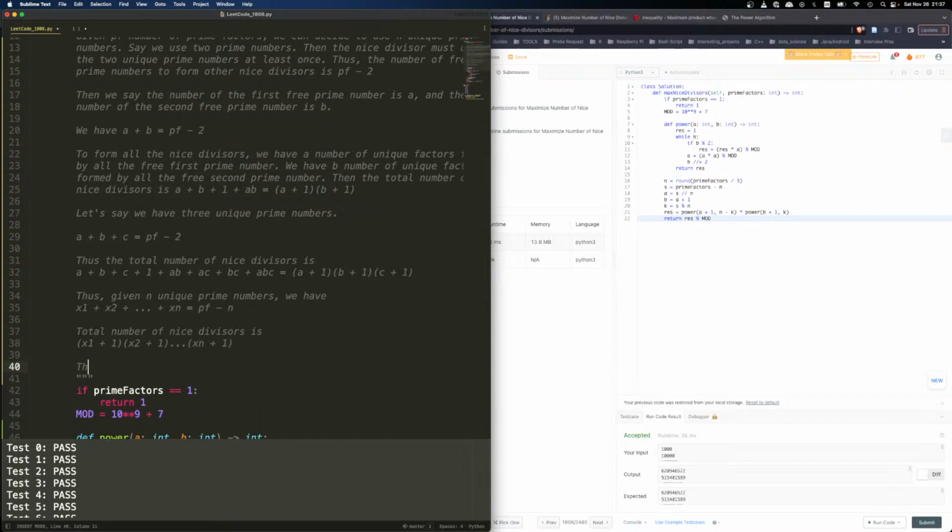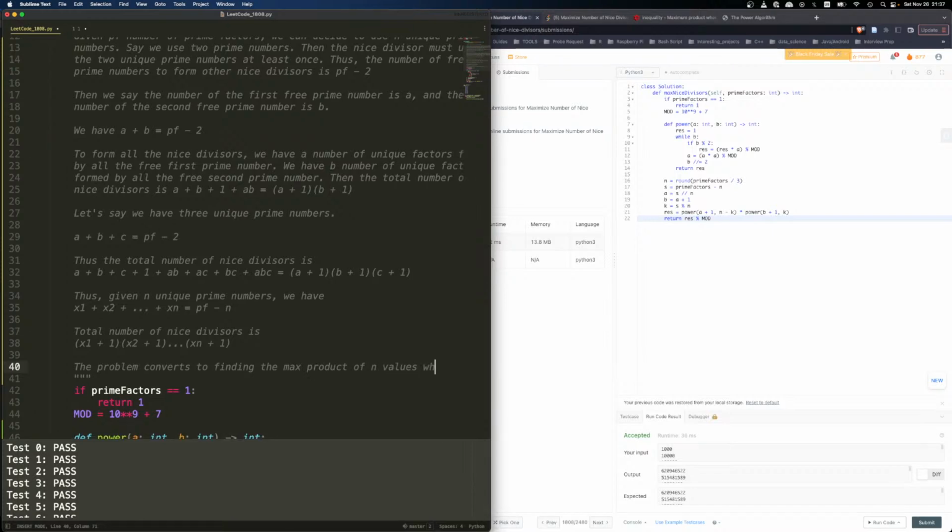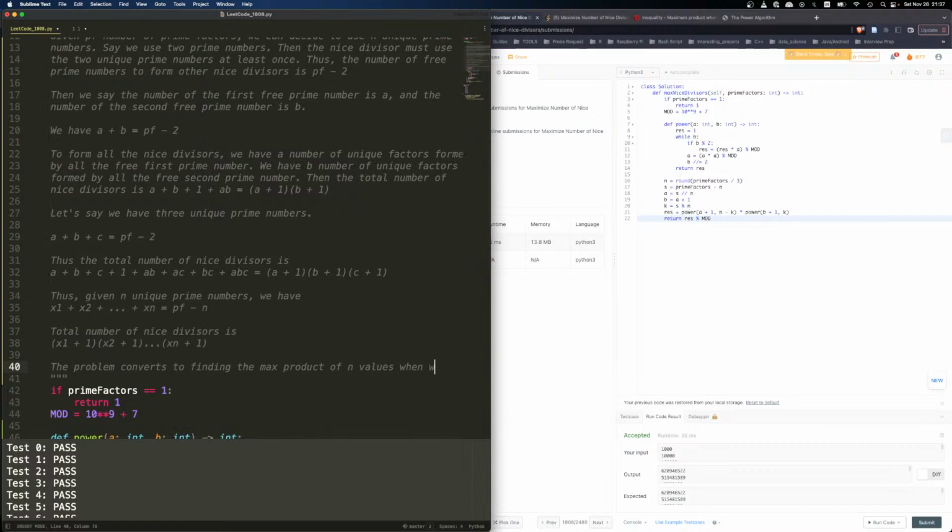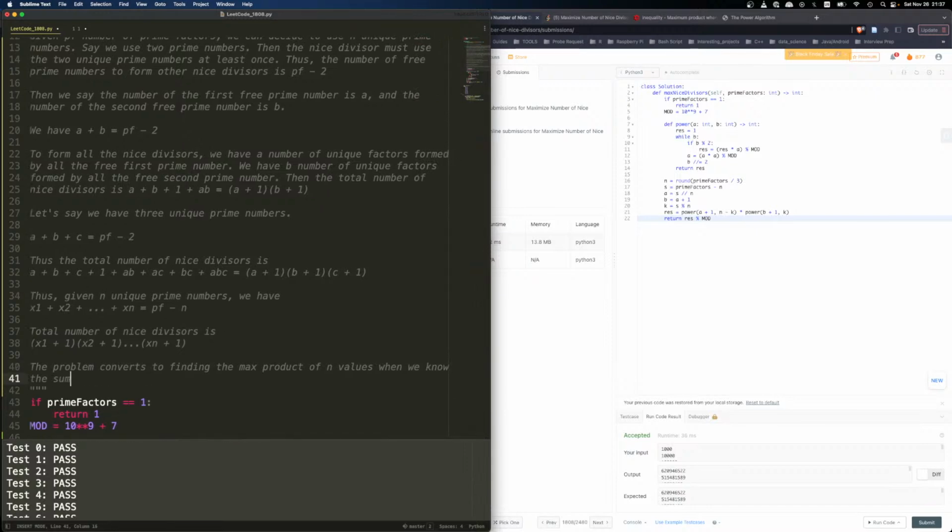So the problem converts to finding the max product of n values when we know the sum of the n values.